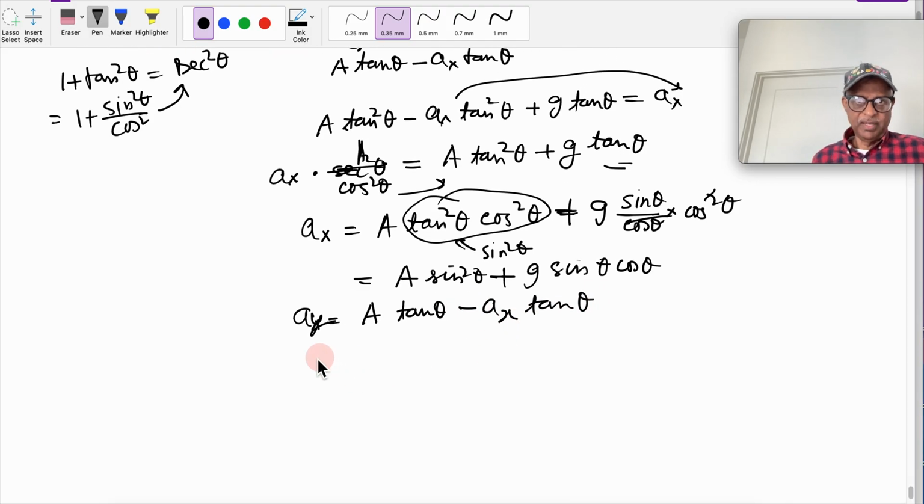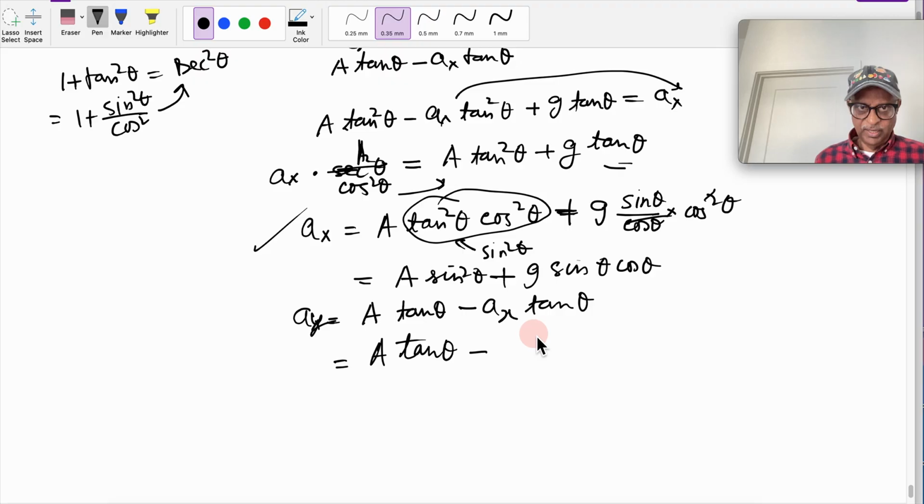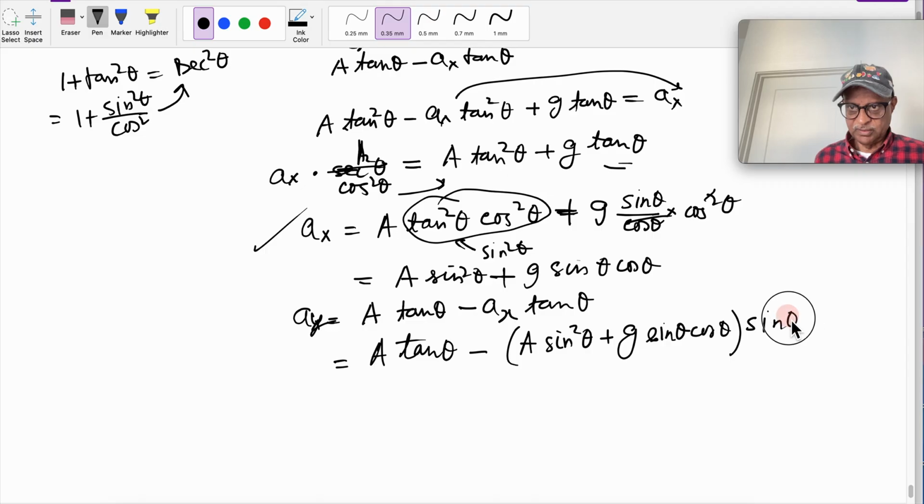So putting in this AX, this is correct. AX is going to be this times that, A sine square theta plus G sine theta cosine theta. Let's write this as sine theta over cosine theta.